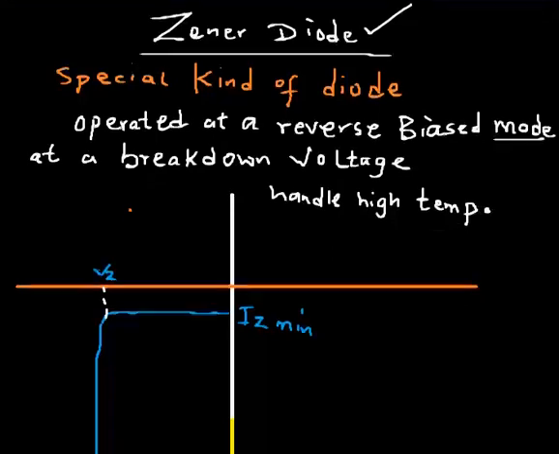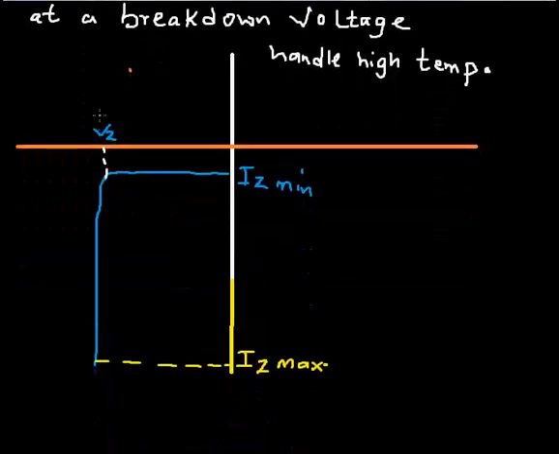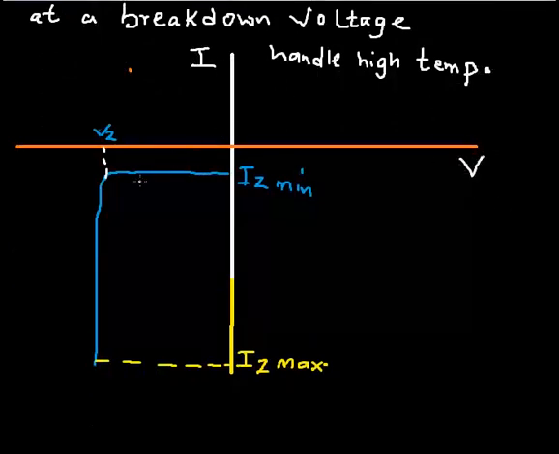Now this is the VI, or current-voltage, characteristics of the diode. It is the same characteristics graph we drew when we illustrated the reverse bias diode.